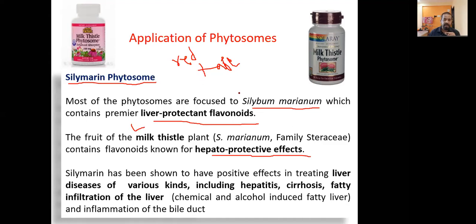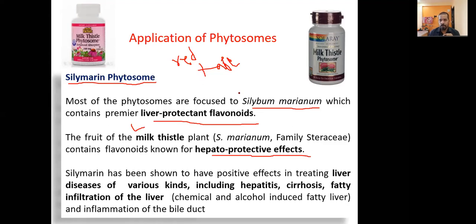And we know flavonoids are plant pigments available in color form. So the official red color of India, we say that file is a red tape file, okay. So that official red is from this milk thistle plant, and the phytosomes are prepared.